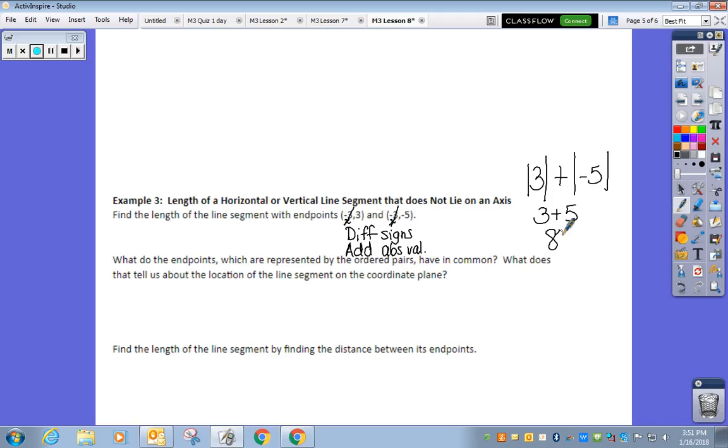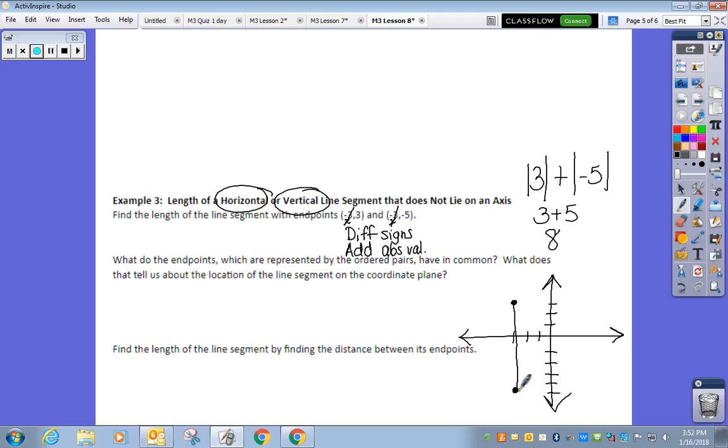Now, one thing I didn't address with the other problems is whether or not they're horizontal or vertical. And that all has to do with which coordinate they have in common. So if I were to graph these two, (-3, 3) would go here. (-3, -5) would go here.